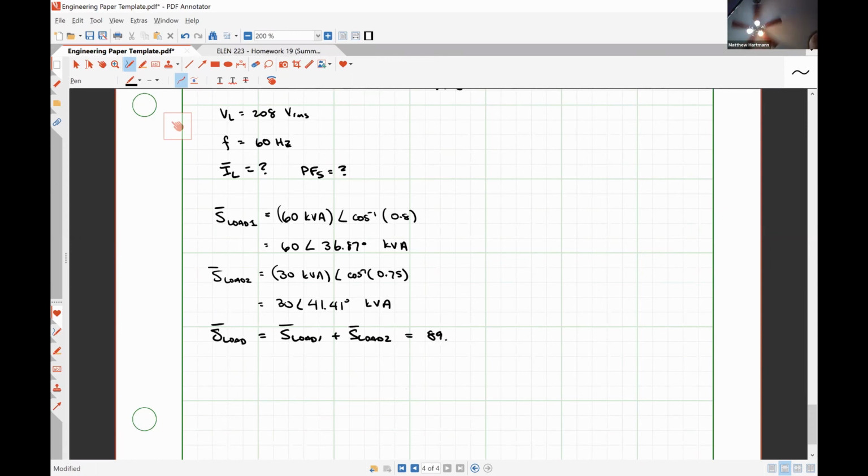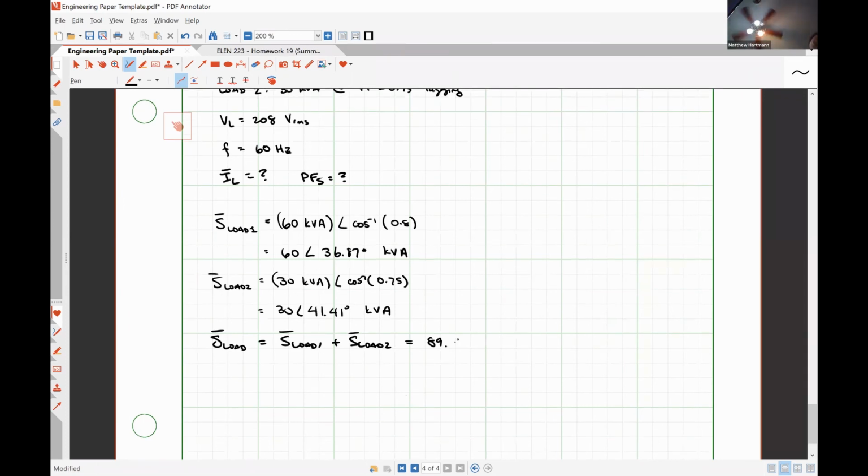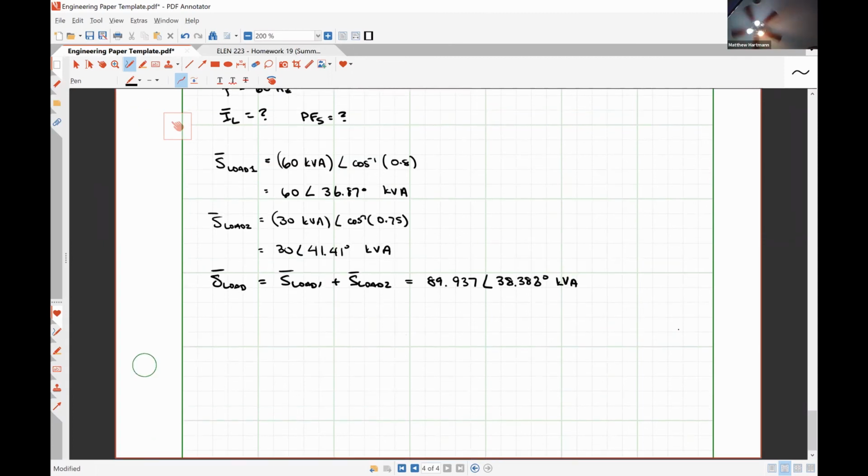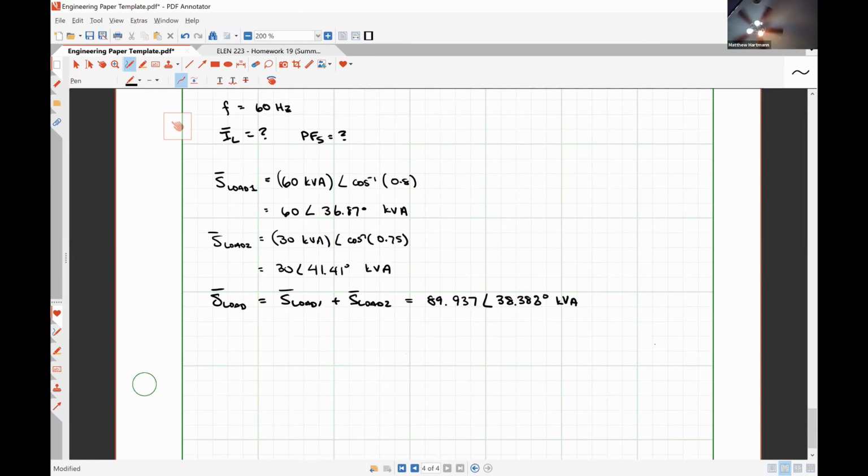So I get 89.937 with an angle of positive 38.383 degrees, kilovolt amperes. Okay. So I said that we were 2 steps away from answering both of those questions. Now we are 1 step away from answering the IL question and 1 step away from answering the power factor question. So let's start with the power factor question, because that's probably a little bit easier.